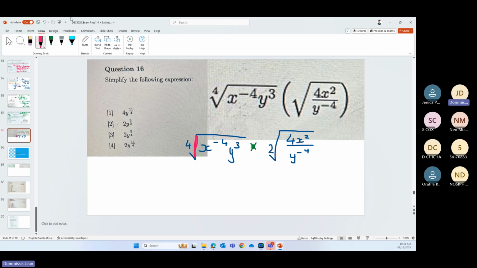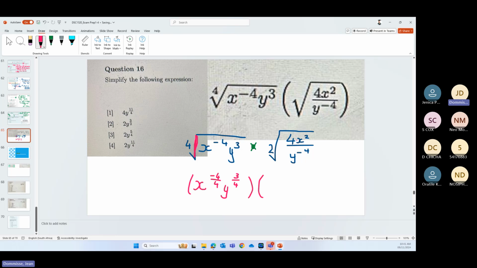So how I then see it is x minus 4 divided by 4, y 3 divided by 4, and then let's just put the brackets for now.